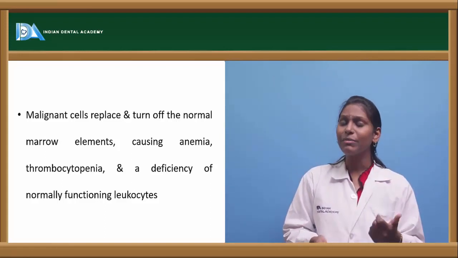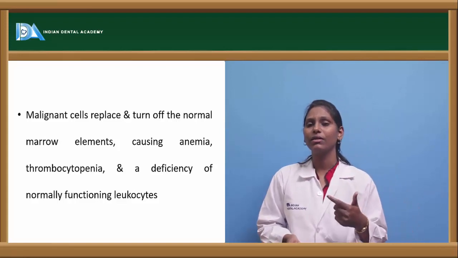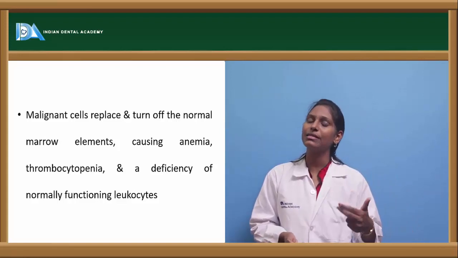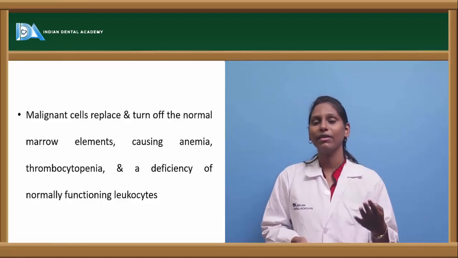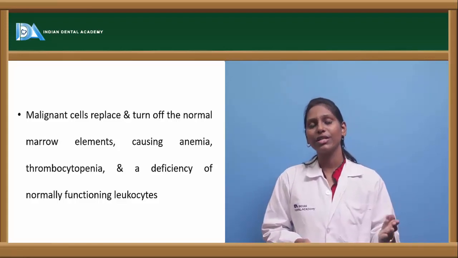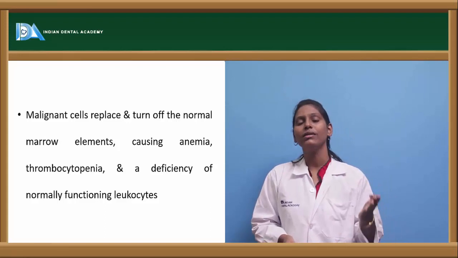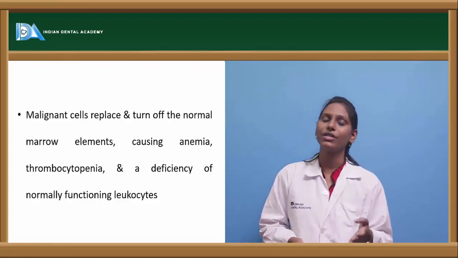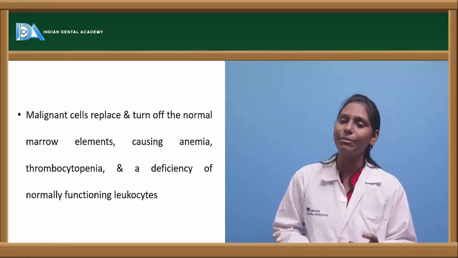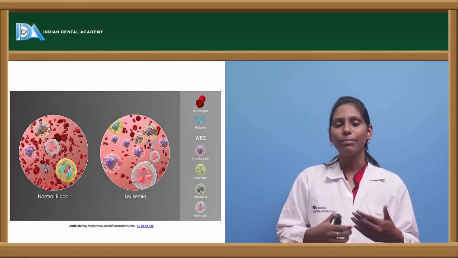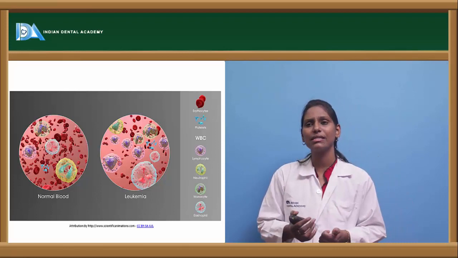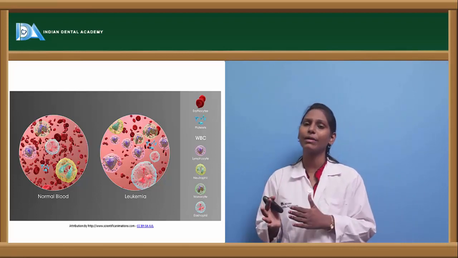Another important thing is that the WBCs being proliferated are immature. That means they lack the proper functioning of actual leukocytes. So these are not normally functioning leukocytes. Though they are increased in number, the function is not proper because of their immaturity. They have not matured. In this picture, we can see how normal blood and leukemic blood look.